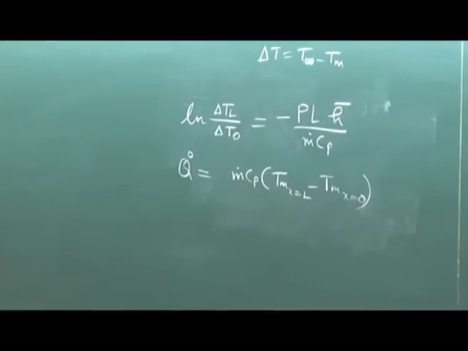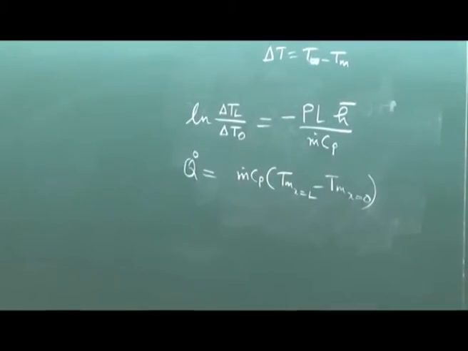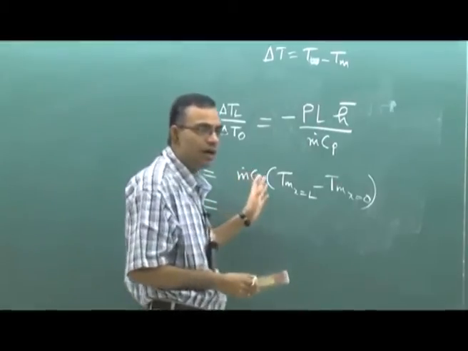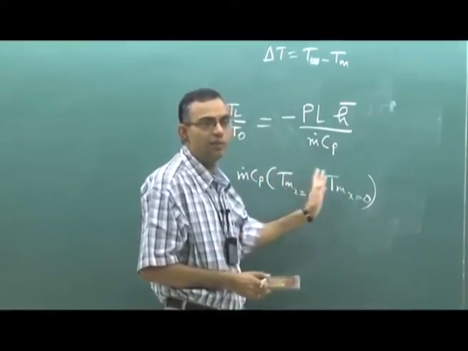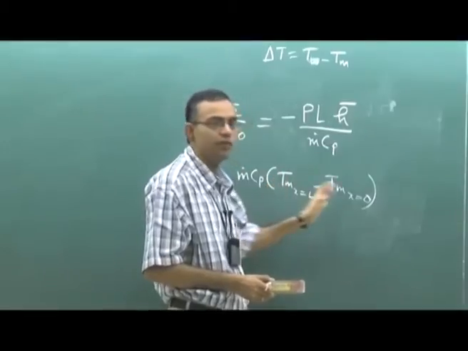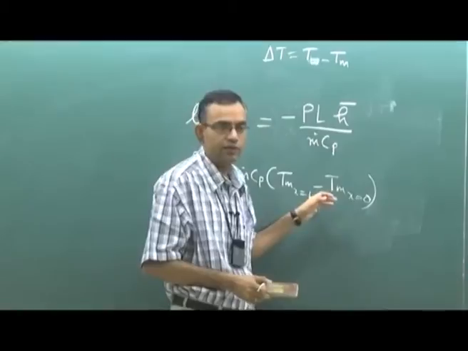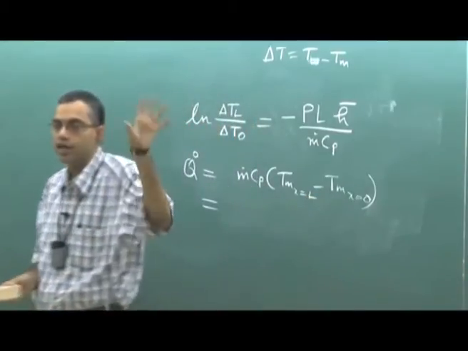This is just a simple energy balance. So this is nothing but the change in enthalpy. If you write the first law of thermodynamics for the control volume, this is what you will get as the heat transfer. There is no work done in this case.